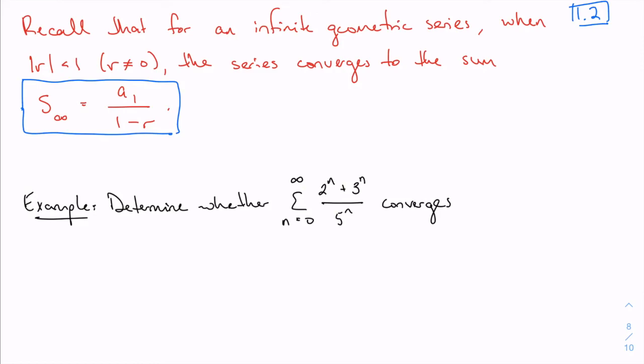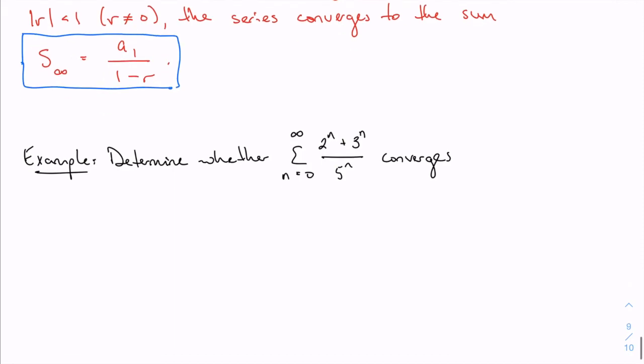So let's figure out if this series converges: 2 to the n plus 3 to the n over 5 to the n. First thought might be how. Let's break it apart and deal with it piece by piece. We know this series converges if the limit exists.